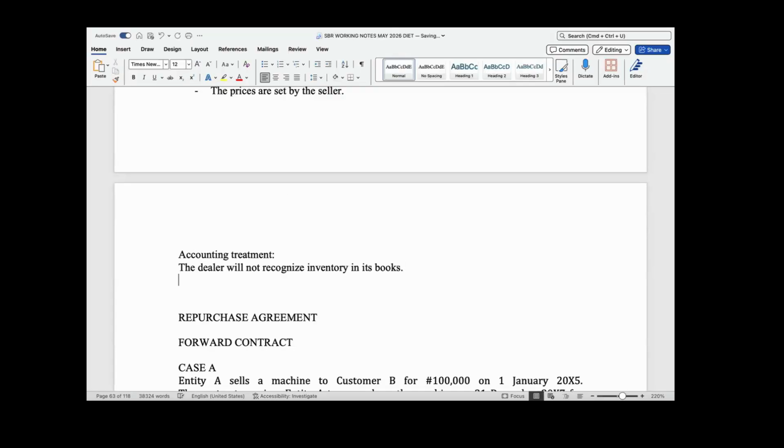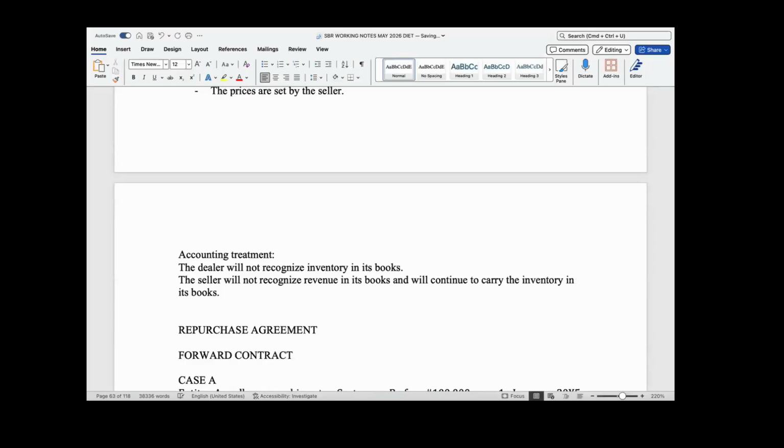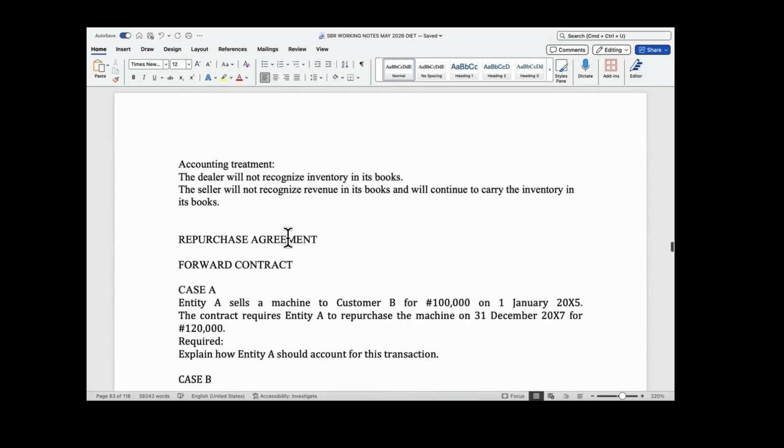Also, the seller will not recognize revenue in its books and will continue to carry the inventory in its own books as well.